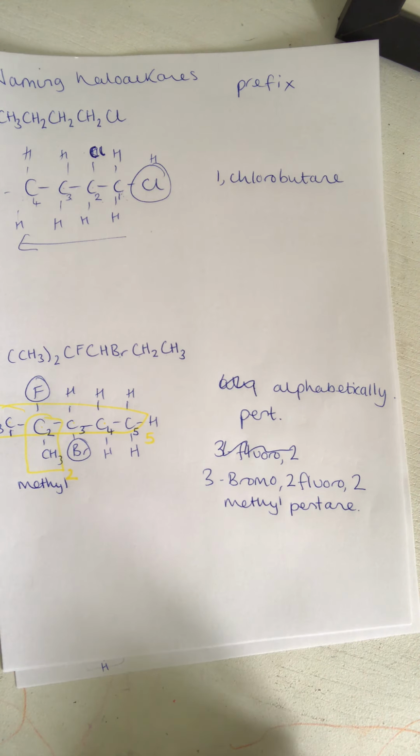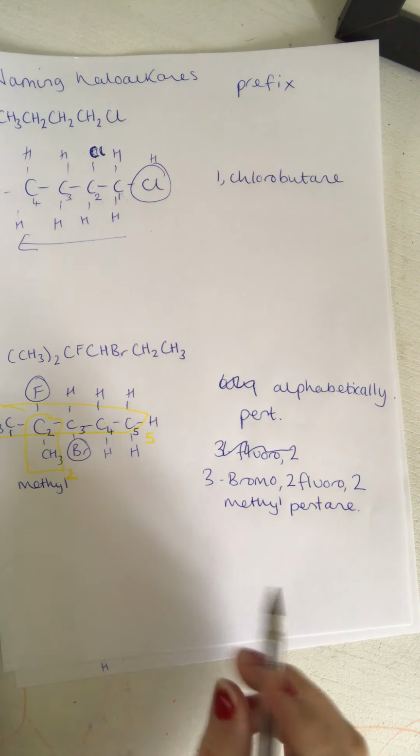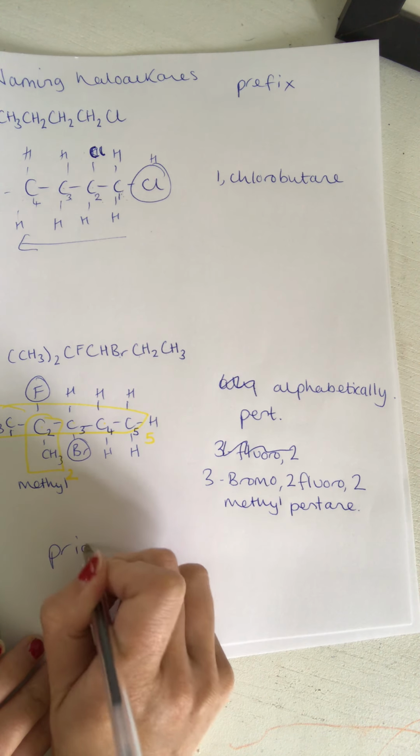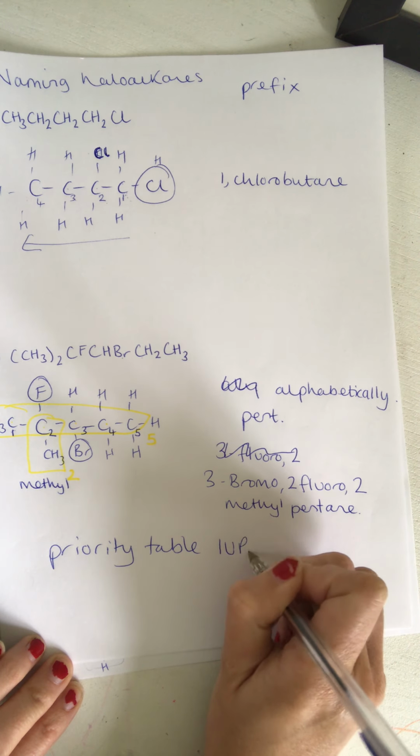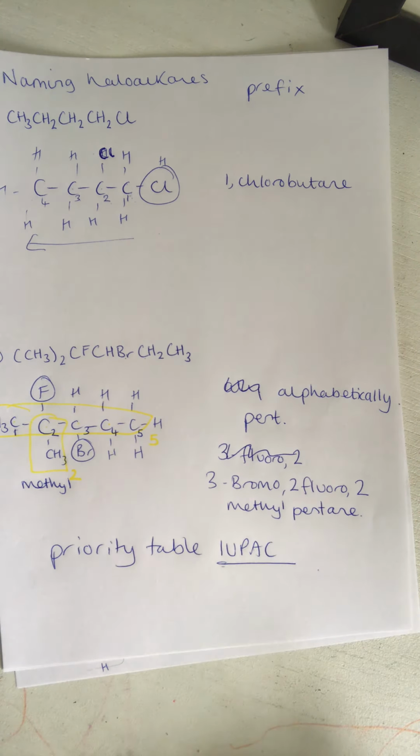I would recommend that you go and Google the IUPAC priority table. It tells you all of the different functional groups that you'll come across throughout A level. It tells you where they are in relation to each other on that table. It indicates how you name a compound.